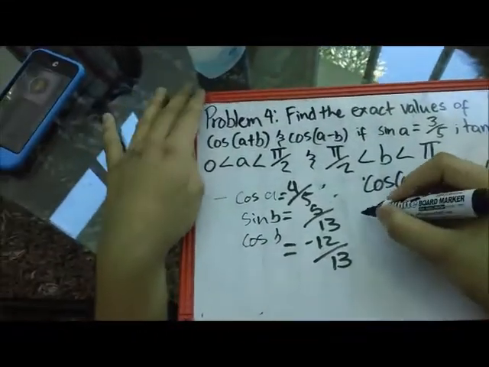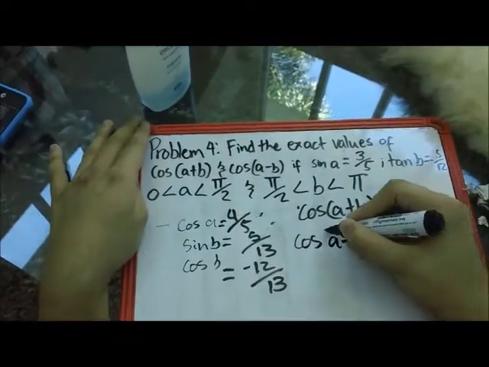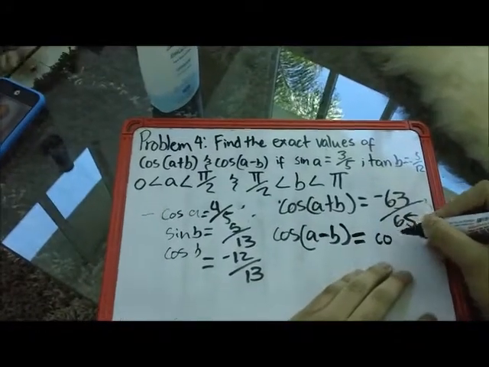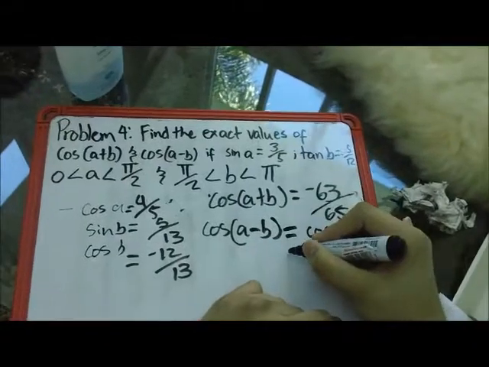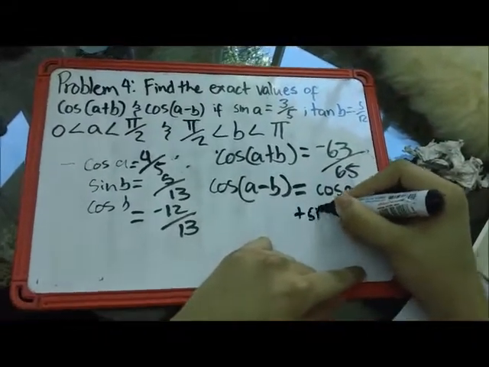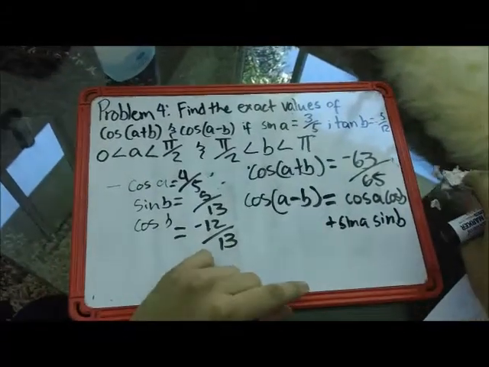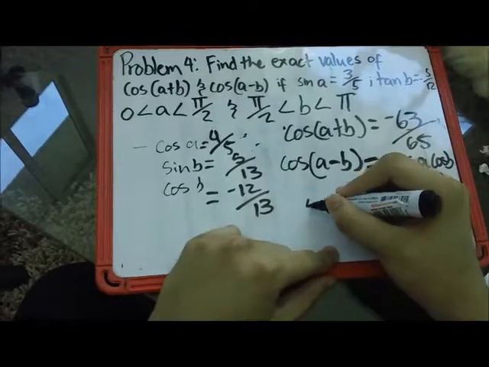And that's the answer. Next, in order to get cosine A minus B, we need to use the formula again. It's cosine A cosine B plus sine A sine B. And let's substitute that again.